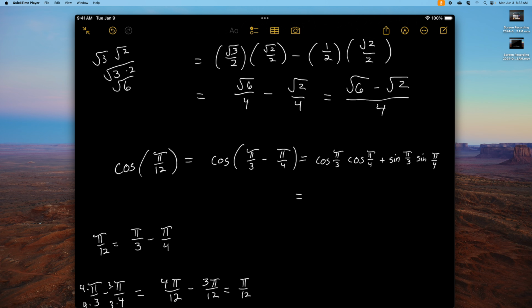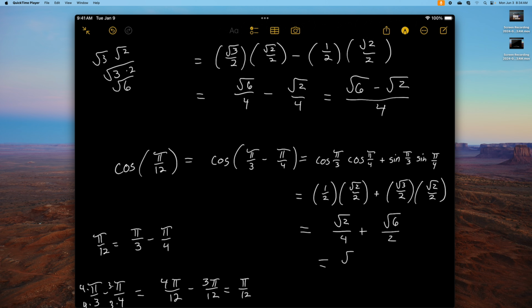Cosine of pi over 3 is 1/2. Cosine of pi over 4 is square root of 2 over 2. Plus sine of pi over 3 is square root of 3 over 2. And sine of pi over 4 is square root of 2 over 2. Which gives you the square root of 2 over 4, and then the square root of 6 over 4, which we could write as the square root of 2 plus the square root of 6 all over 4.